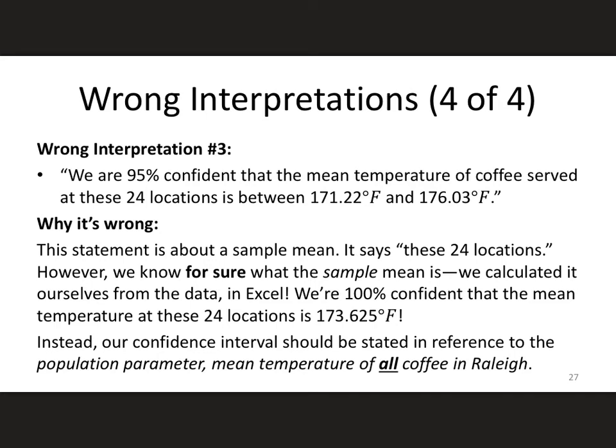However, we know for sure what the sample mean is because we calculated it in Excel. We are 100% confident that the mean temperature of these 24 locations is 173.625 degrees Fahrenheit. Instead, our confidence interval should be stated in reference to the population parameter. That's the mean temperature of all coffee in Raleigh.